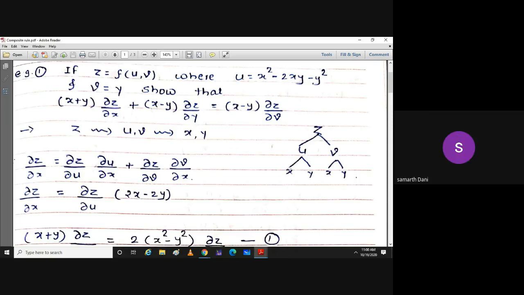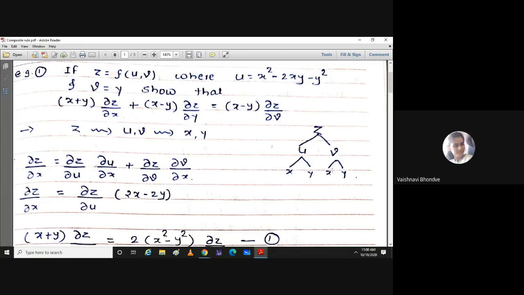Two. So how do you calculate it? ∂z/∂u into ∂u/∂x, good. So z with respect to u, then u with respect to x, that is ∂z/∂u into ∂u/∂x plus ∂z/∂v into ∂v/∂x. Is this clear? First chain rule.